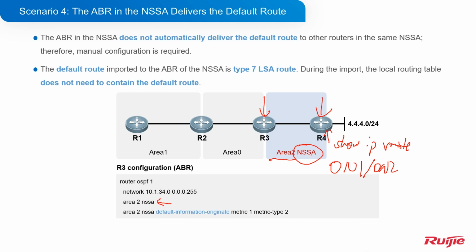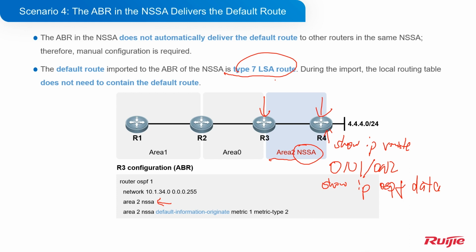Because for the NSSA area, if we enable this area to become an NSSA area, the area will generate a new type of LSA, a Type 7 LSA. So for the Type 7 LSA information, we will generate the O N1 and O N2 routing entries in our routing table. We can also use show ip ospf database to see the Type 7 LSA information in our database.